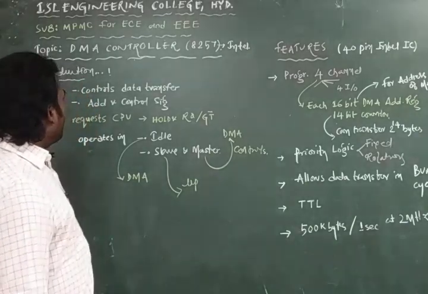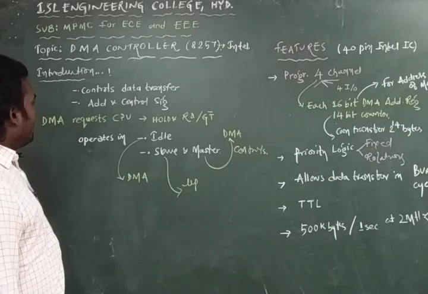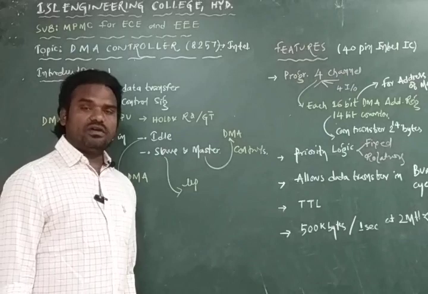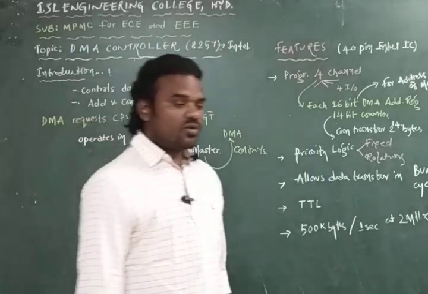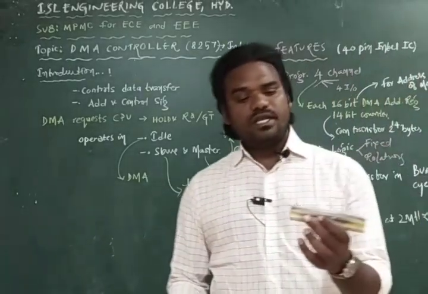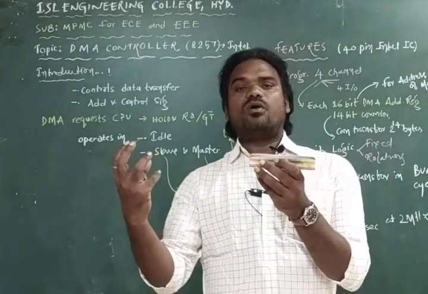Now I am going to the very important things about the DMA controller. The DMA controller controls the data transfer between the memory and the input-output devices. For example, this is a processor, connected with one memory and one input-output device.